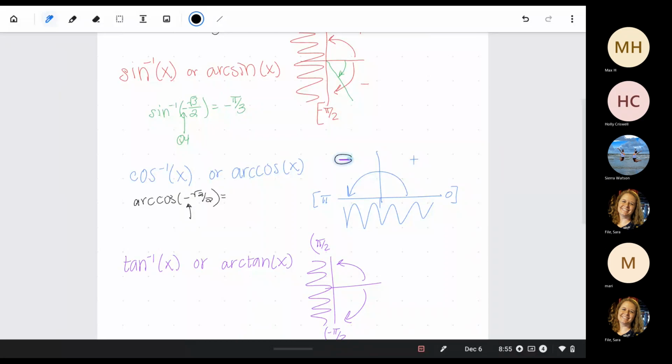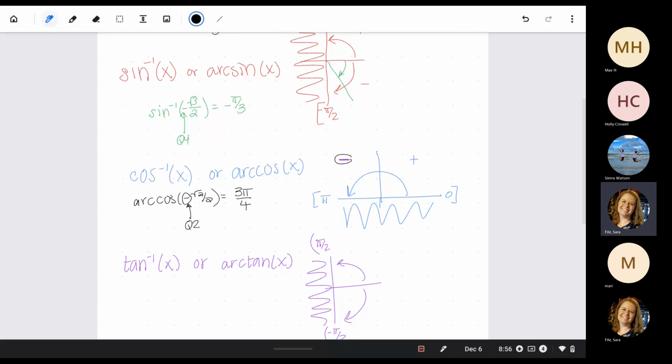So I'm going to say, okay, I'm in quadrant 2 because this is arc cosine and it's negative. Now, what is the reference angle, or what is the angle where cosine's root 2 over 2? That's your 3 pi-4ths. All your pi-4ths reference angles are where cosine is root 2 over 2. And the fact that it's negative told us that it was quadrant 2. Does that make sense, Holly?